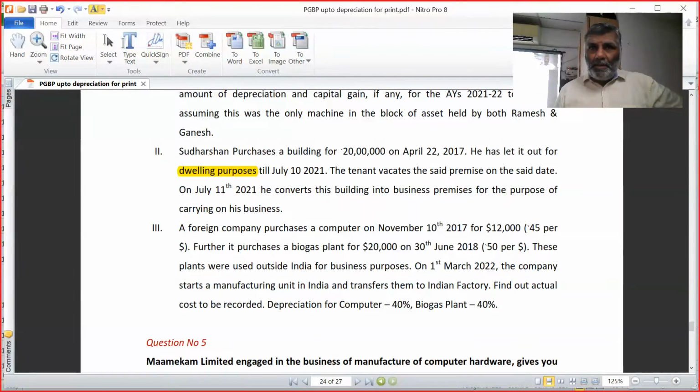See, a foreign company or an asset which is used outside India is now brought into India. So far, depreciation is not claimed on that asset in income tax law of India. Now you are bringing it in India.